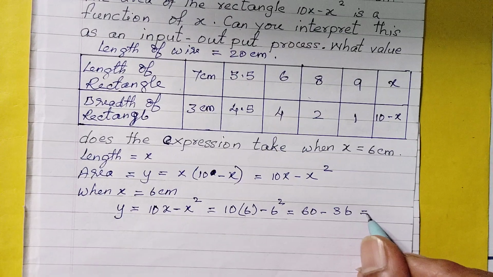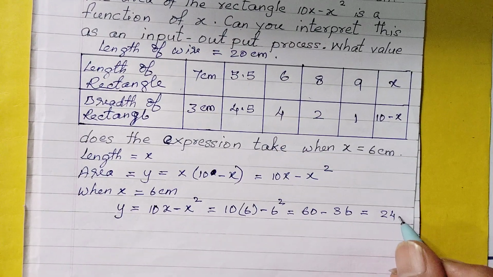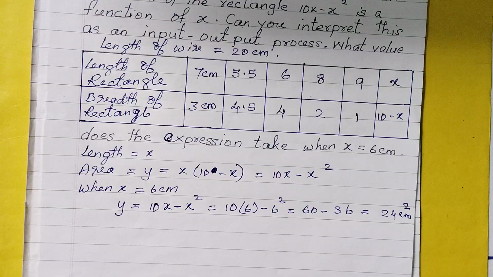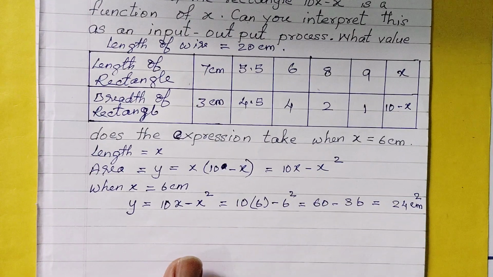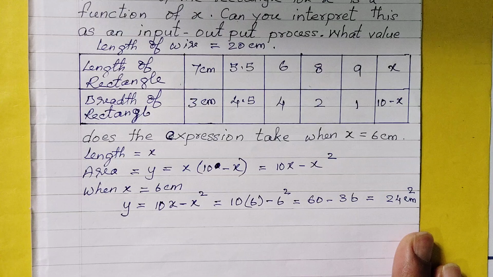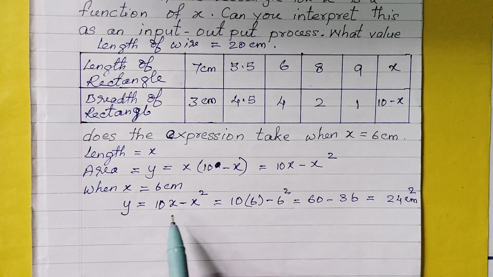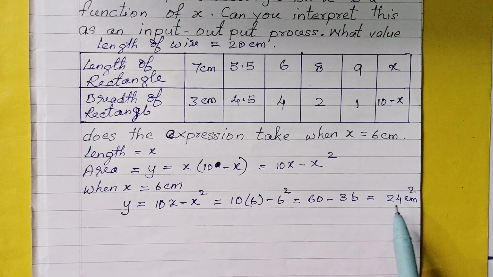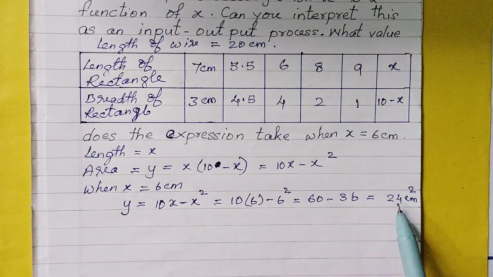That will be equal to 24 centimeters square. When x is equal to 6 centimeters, the expression will take the value 24. This is input, this is the output.